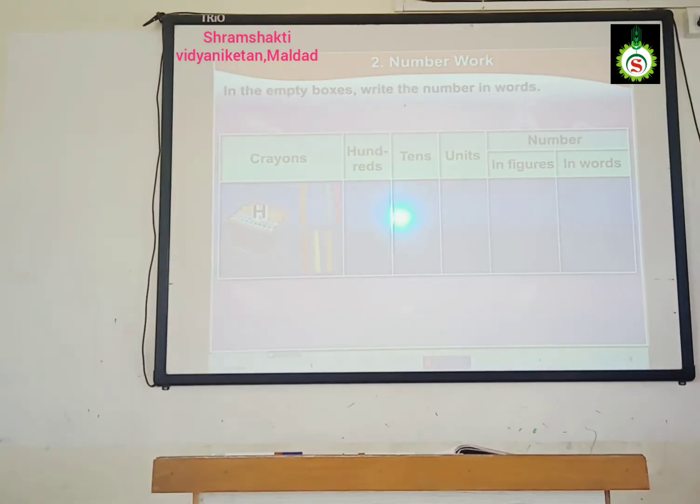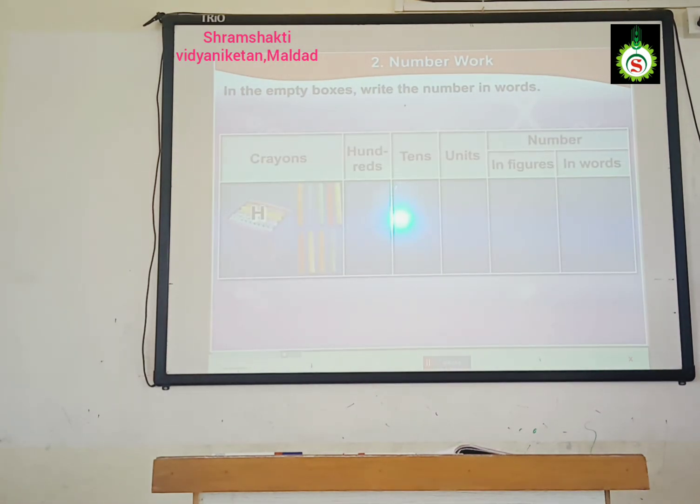Now we have a box of 100 crayons and 7 more crayons. So it means it is 100, 0 tens, 7 units. In figures it would be 107. Let us see the next picture. A box of 100 crayons and 8 more crayons. That means it is 100, 0 tens, 8 units. In figure it is 108.